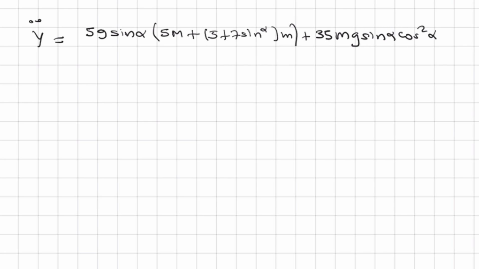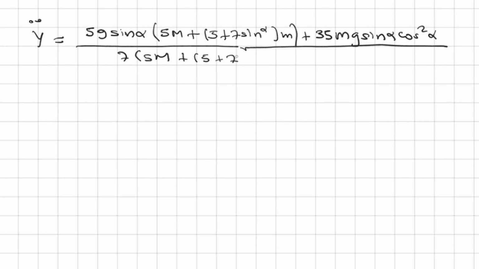Okay guys, I know this is a little bit exhausting, a little bit long, but we are getting it. We are getting it. This is 7 phi m plus 5 plus 7 sine square of alpha m. Okay.